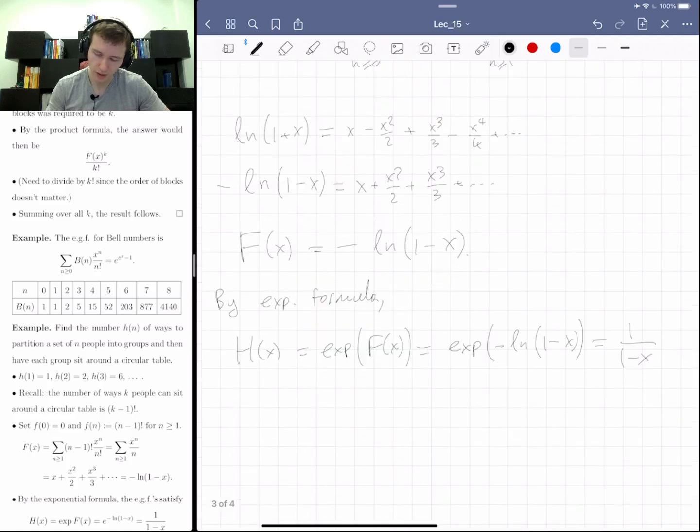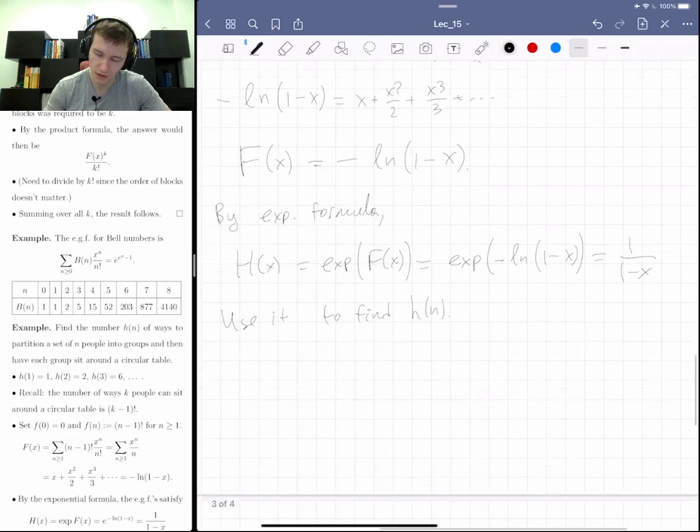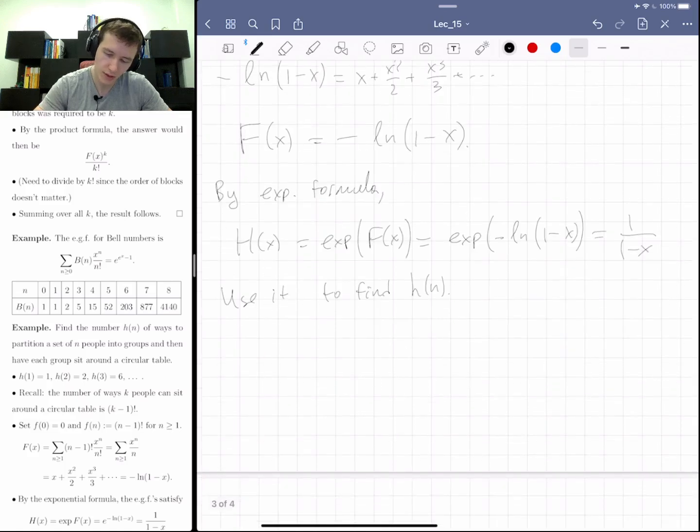So now I'm going to use it. I got a very simple result. So now I can use it to find h of n, which is, I was supposed to extract the coefficients of x to the n over n factorial. 1 over 1 minus x is the sum of just x to the n, which is the sum of x to the n over n factorial times n factorial.